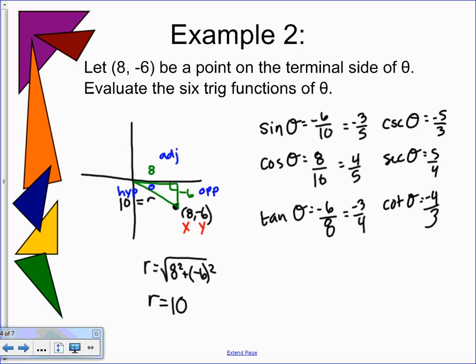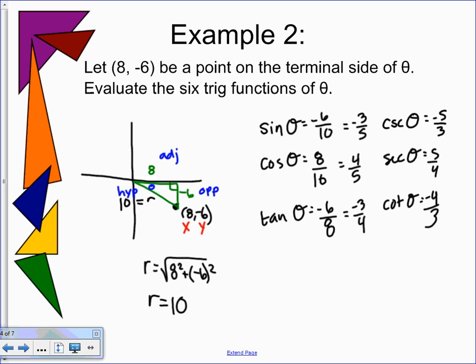Look at your ratios that you have from the general definition. Is that true? Yeah, the cosine is 4/5 and the secant is 5/4, and then everything else is negative. So what we had decided on for All Students Take Calculus the other day in class, that still works here. In the fourth quadrant, only cosine and secant will be positive.